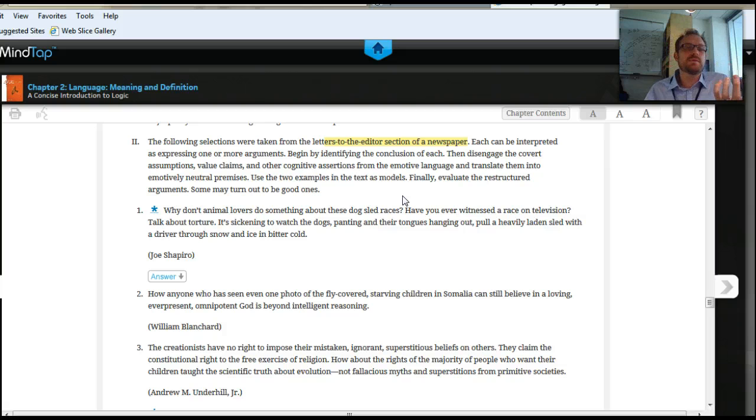But what's the cognitive meaning? The cognitive meaning here, because there is cognitive meaning, is that the conclusion is basically that sled racing is a form of torture. The argument seems to be that it is a form of torture because the animals are pulling heavy sleds through the snow in rough conditions, and they're panting.